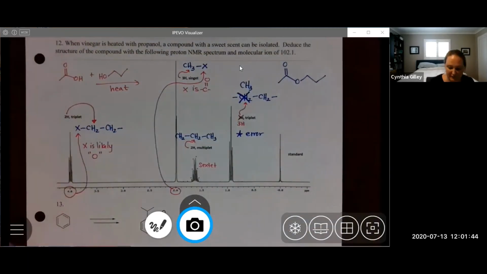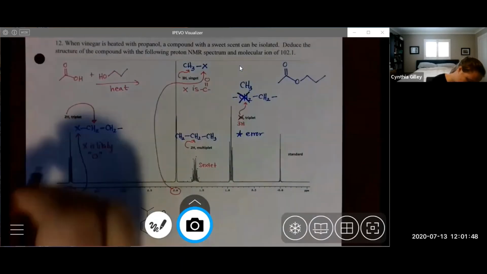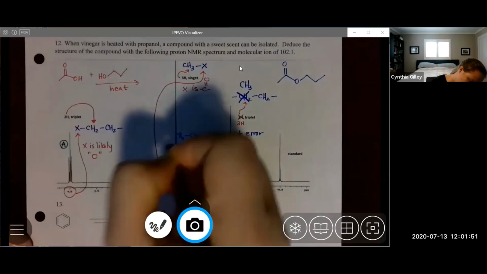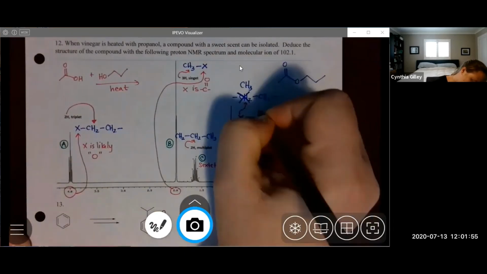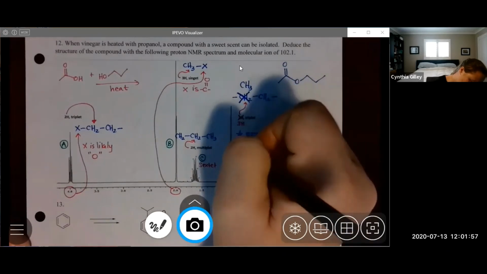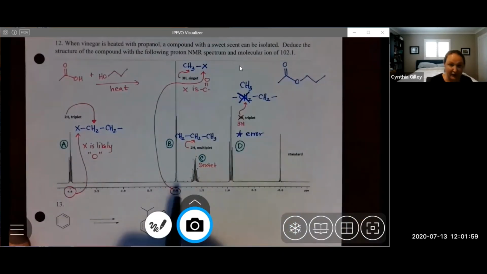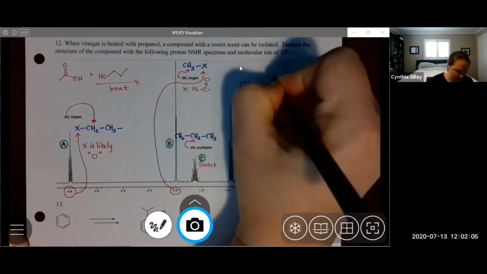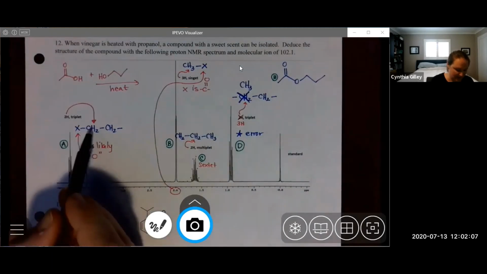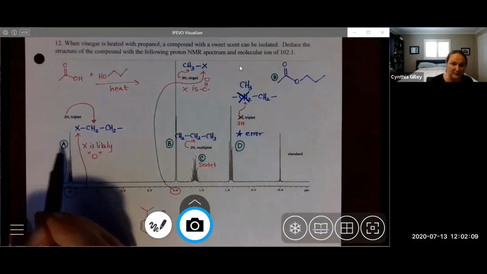So essentially, if we label the groups here, the signals, so A, B, C, D, we have the methyl next to the carbonyl, and then the CH2 next to the oxygen is going to be the most downfield.